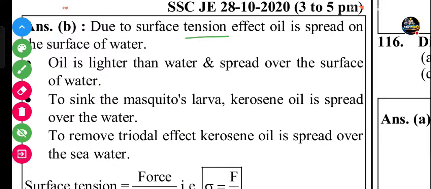Due to the surface tension effect, oil is spread on the surface of the water. Oil is lighter than the water and spreads over the surface. To sink the mosquito larvae, kerosene oil is sprayed over the water. To remove the toroidal effect, kerosene oil is sprayed over the seawater. All are examples of surface tension.